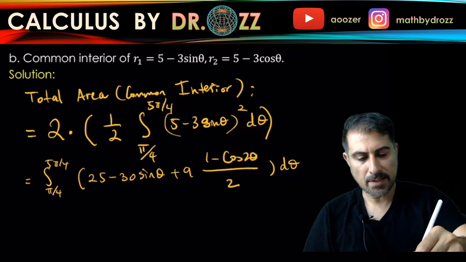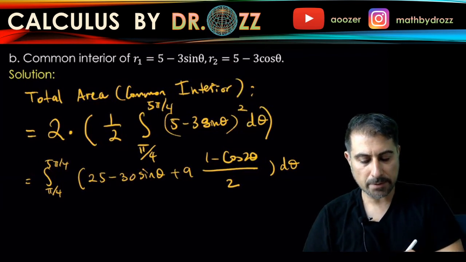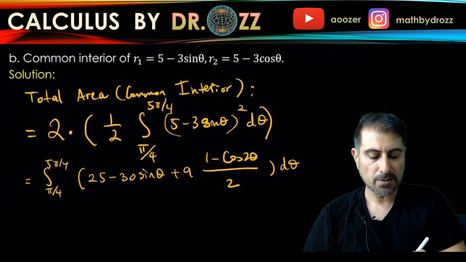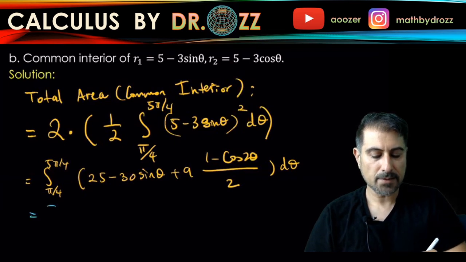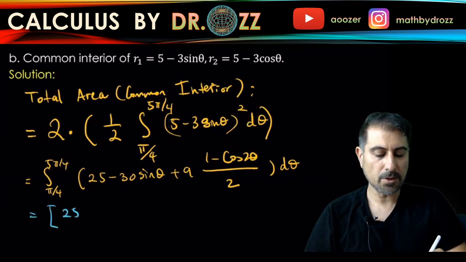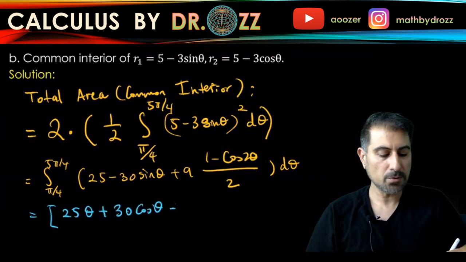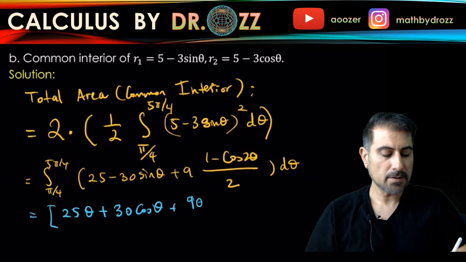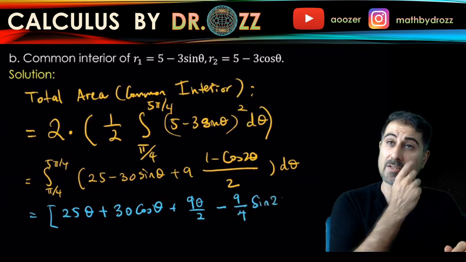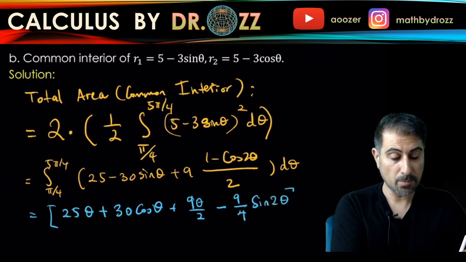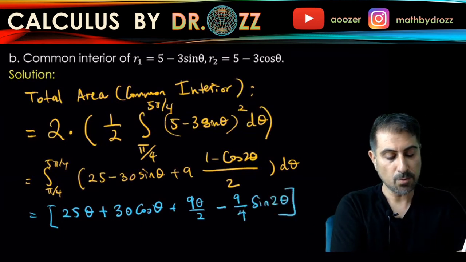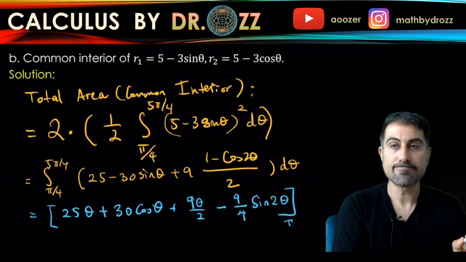All right, let's find the antiderivative in one shot. Here we go. I have 25 theta plus 30 cosine theta plus 9 theta over 2 minus 9 over 4 sine 2 theta, from pi over 4 to 5 pi over 4.